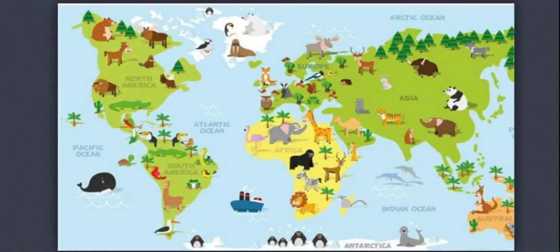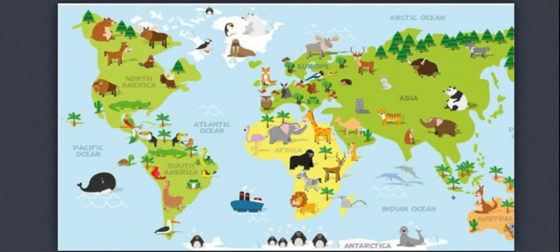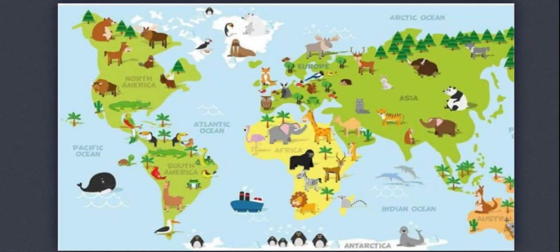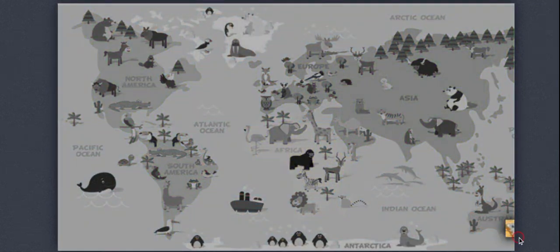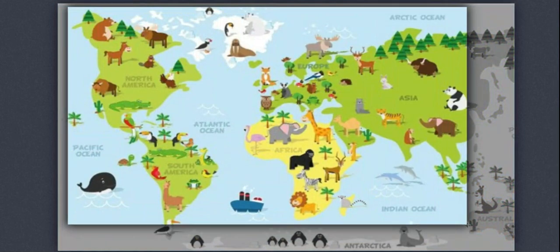So this is Australia, also known as Oceania. Okay, alright. And this is a kangaroo here, right? And I think there's also another little lizard here. Now we've done 1, 2, 3, 4, 5, 6. Let me just underline for you how much of the map we've done so far.